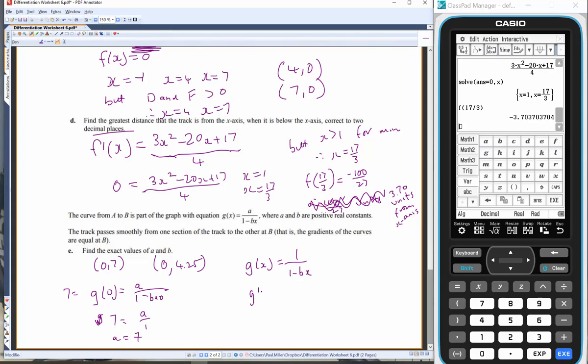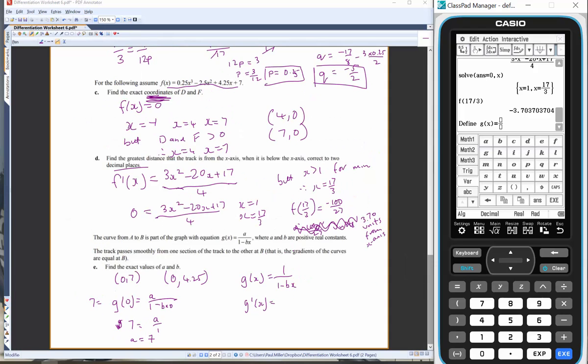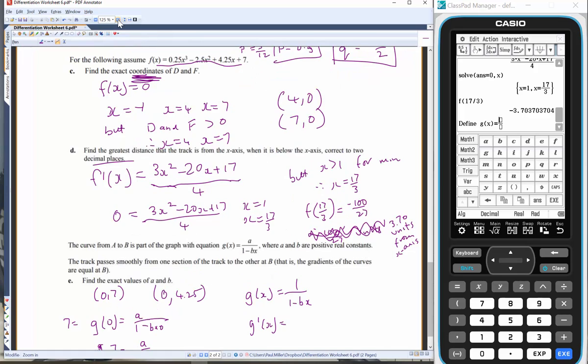Let's get g dash x. To do that, I'm going to define g of x equals, shift divide. Why did I write that down as 1? That should be 7. So just correcting notes here, that should be 7.